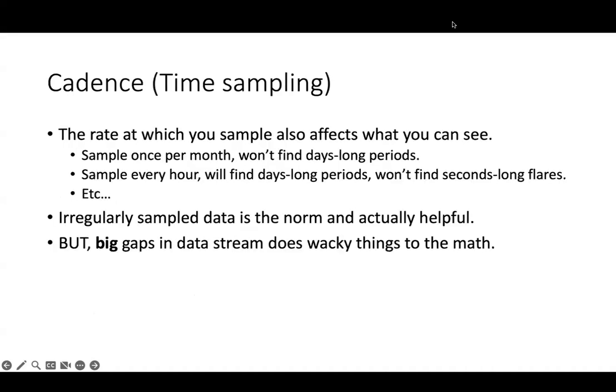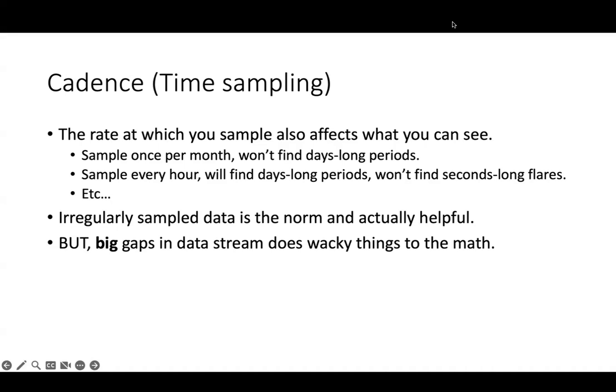All right, so in terms of the cadence, the rate at which you sample affects what you can see. So if I sample the target only once per month, it's exceedingly unlikely that I will be able to find periods that are days long. If I sample every hour, though, I will easily find periods that are days long, but I probably won't find flares that are seconds long.